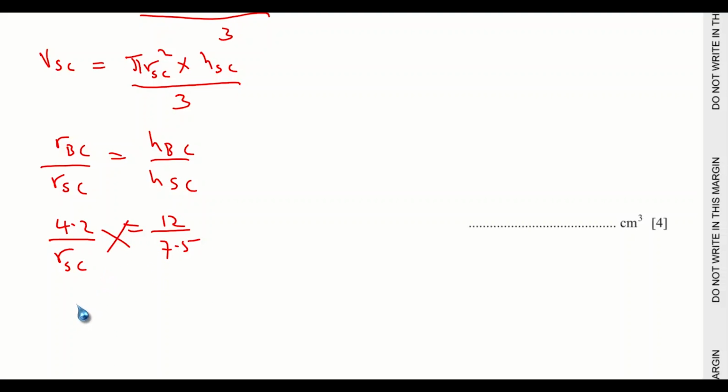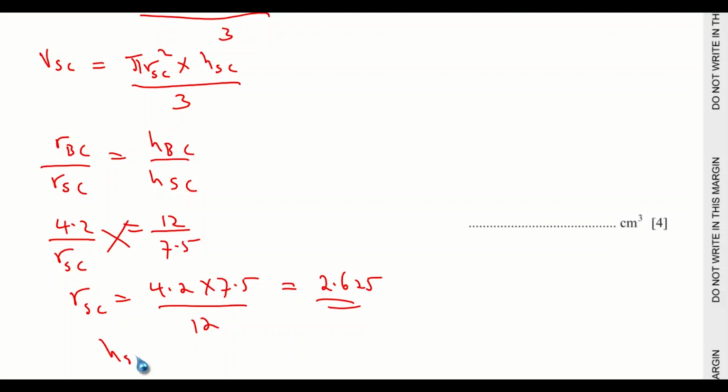If we cross multiply and make the radius of the smaller cone the subject of the formula, this gives 4.2 times 7.5 divided by 12, and eventually this gives 2.625.